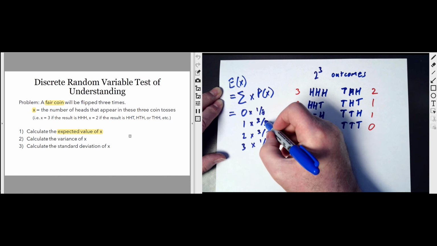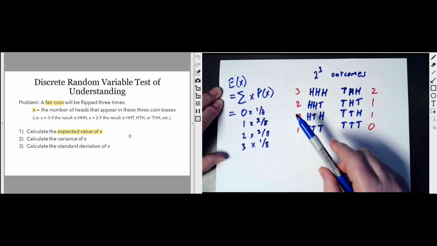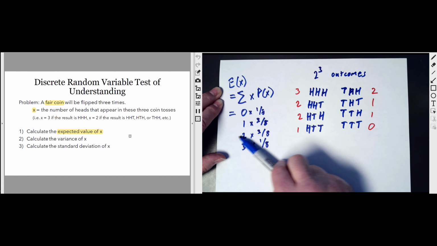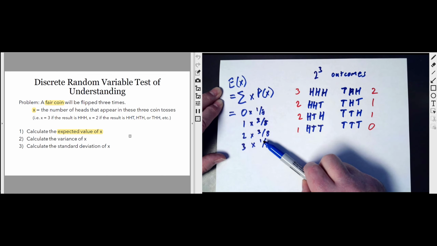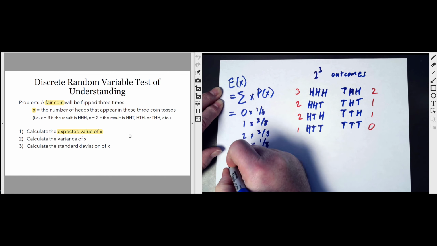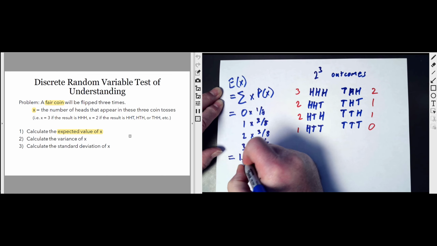All right? Okay, so we've got 3/8 plus 3/8 plus 6/8. 3 plus 3, that's 12/8. 12/8 is 1.5.